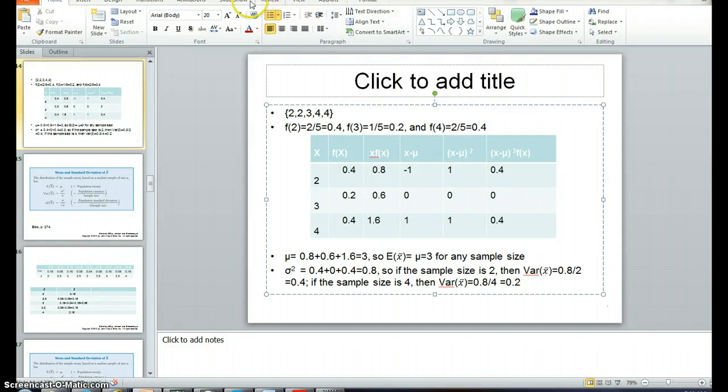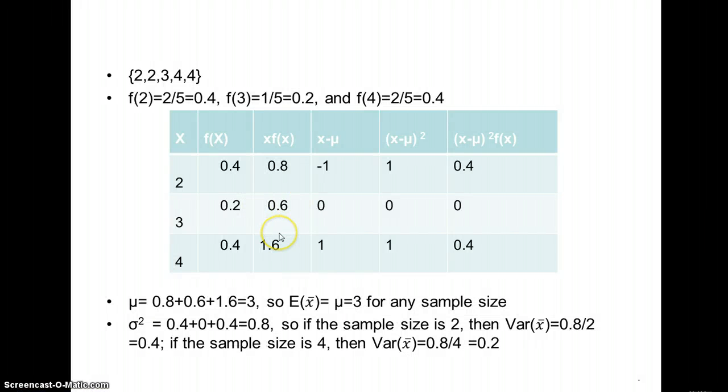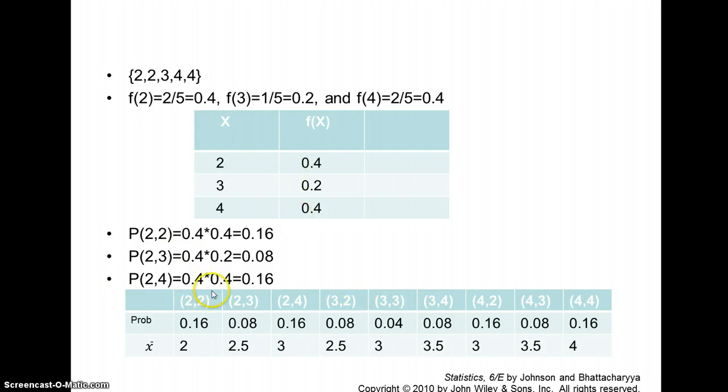Now we're going to try to calculate the expected value of the sample mean. From the table before, we have already calculated the average of each sample, and we made a table of the sampling distribution, which is a list of different x bar values with the corresponding probabilities.